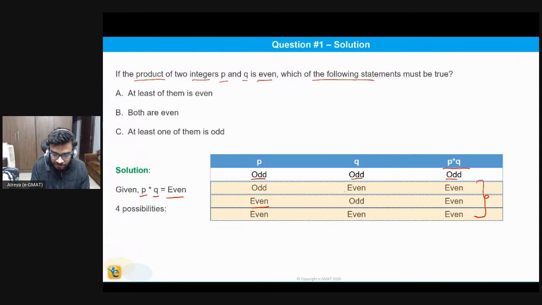So here in the first case, I see Q is even. In the second case, I see P is even. And in the third case, I see both P and Q are even. So that essentially means that for any product of two numbers to be an even value, at least one of them should be even. So the answer for this question is option A.